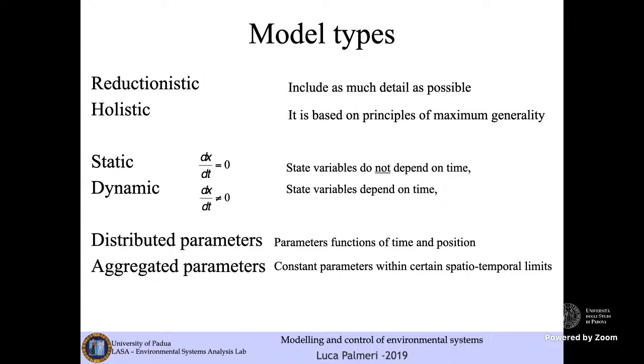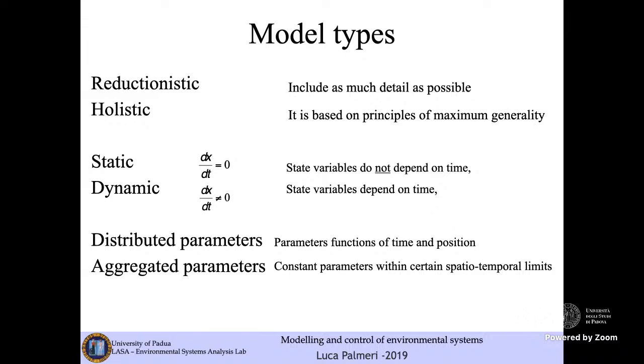Another important distinction is that between reductionistic and holistic models. We have already seen the definition of these two terms. Reductionistic models include as much detail as possible. On the contrary, holistic models are based on the principle of maximum generality.